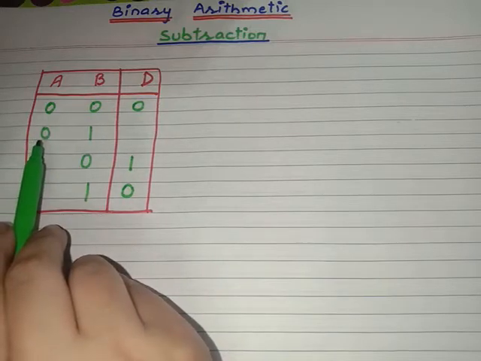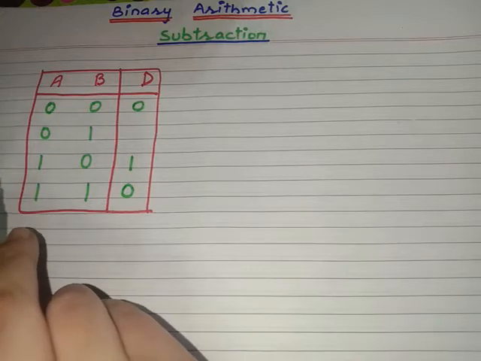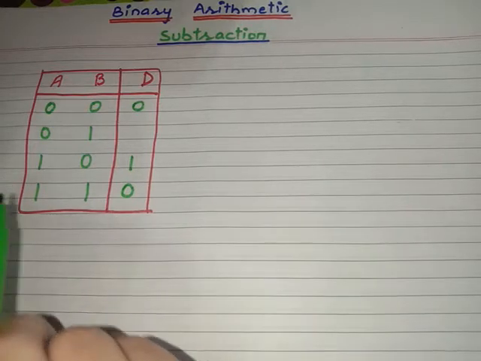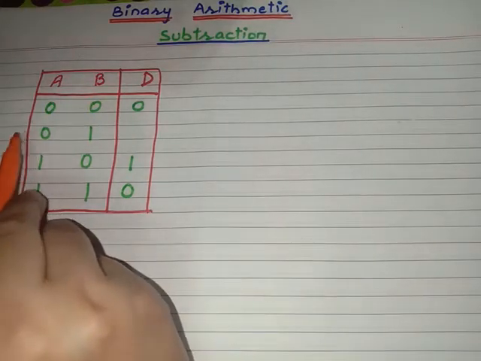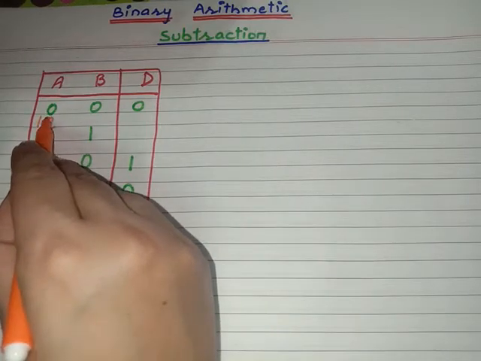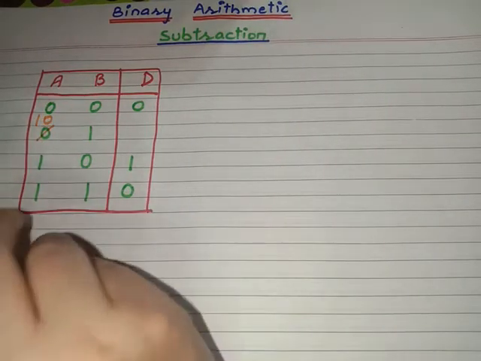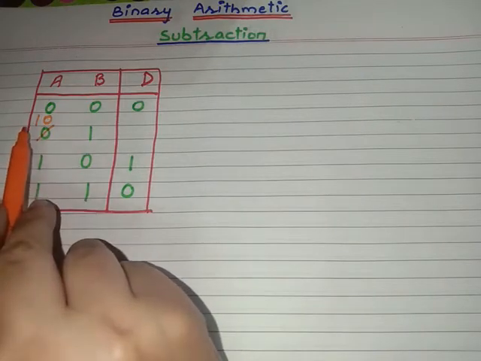Yes, definitely we are going to take a borrow from the next bit. When we take the borrow, this 0 will become 10. Now we have to subtract 1 from 10.